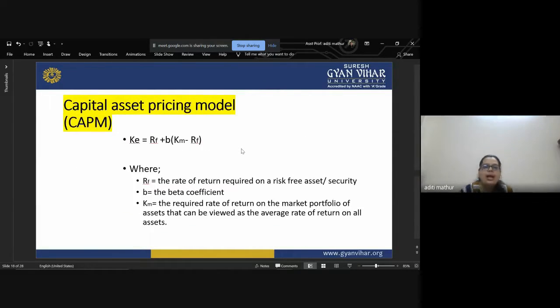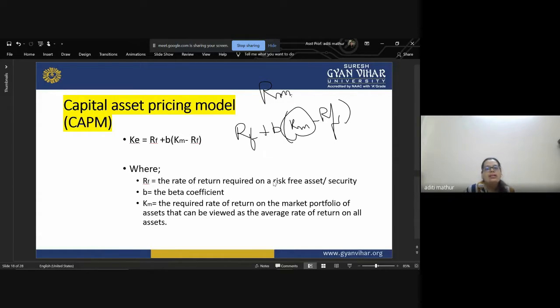So let us now understand one of the very important methods of calculating cost of equity, that is with the help of CAPM, which is also known as the capital asset pricing model. So KE with the help of the capital asset pricing model will be equal to RF plus beta into Km minus Rf. This Km can also be written as Rm.